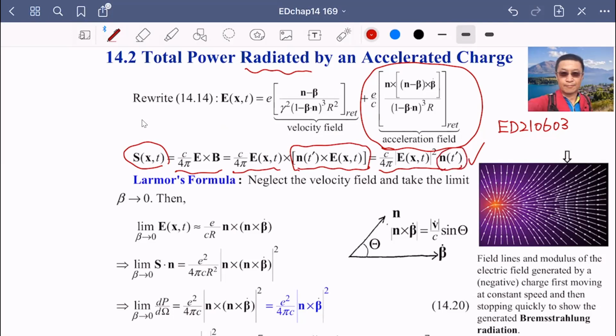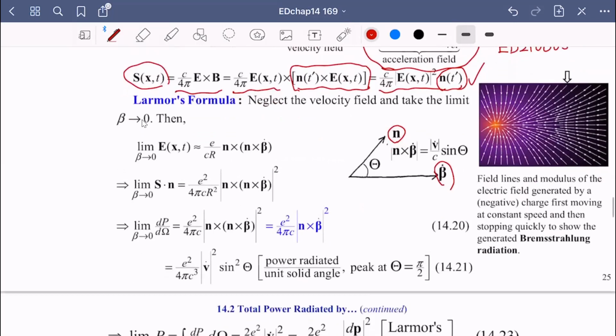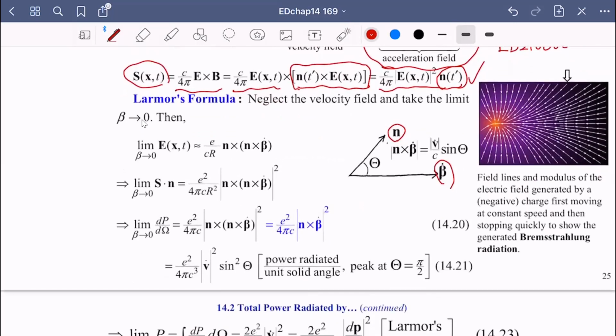If you don't remember, here is the n direction. This is the acceleration. First, let's reduce the problem to Larmor's formula.